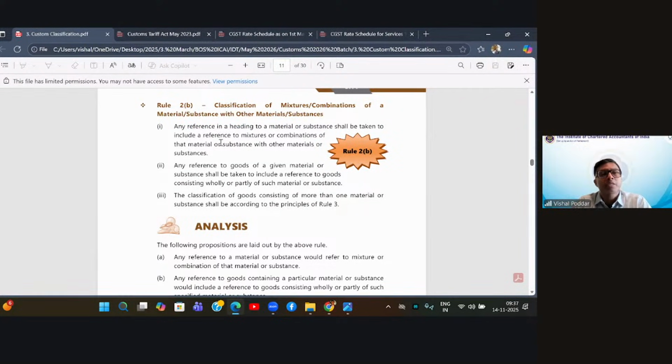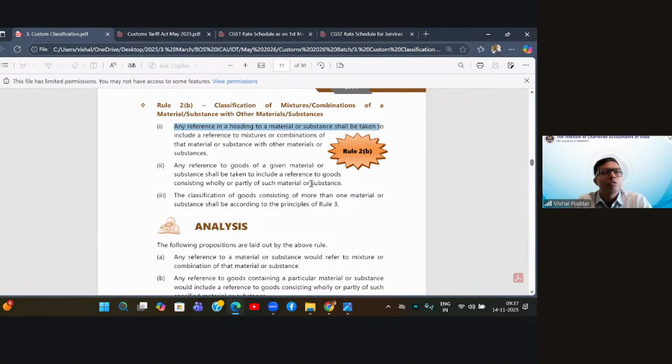So what does rule 2B say? Whenever you are classifying any product, the product will be classified by giving reference to the heading which covers the material or substance. So let us say you are making a product, let us say it is a file. There is no name in the entire 98 chapters called file. So where will you classify the file? Applying rule 2B, I will classify the file in that chapter which gives reference to the material or substance used in making the file.